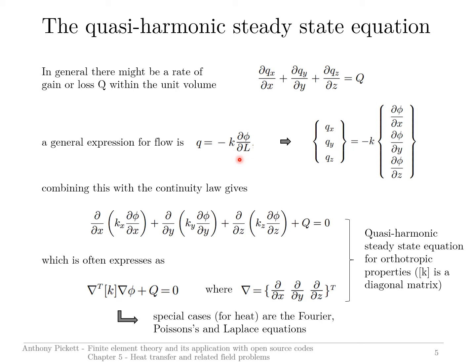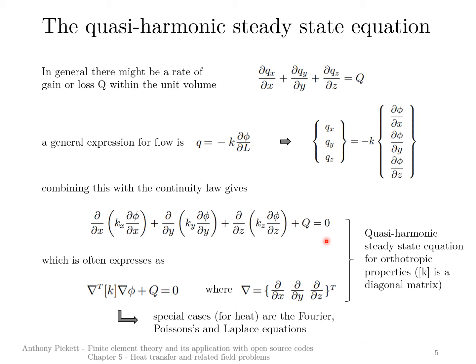We can express this for a three-dimensional material like this. In this particular case, K is a constant for an isotropic material, so it has the same value in all three directions. If we now feed this into here, we end up with this quasi-harmonic equation for these field problems.